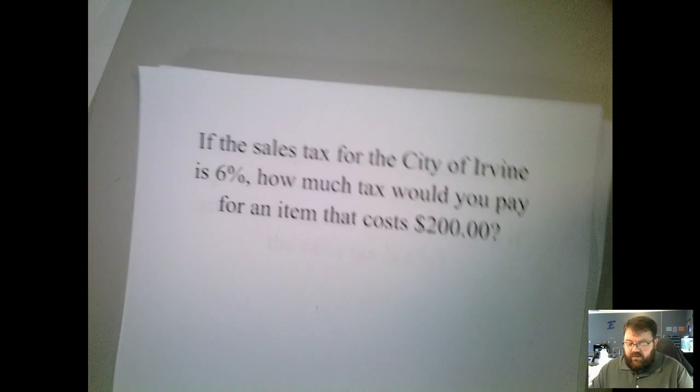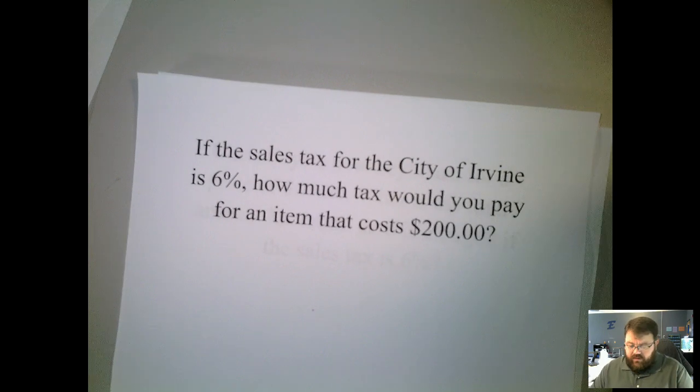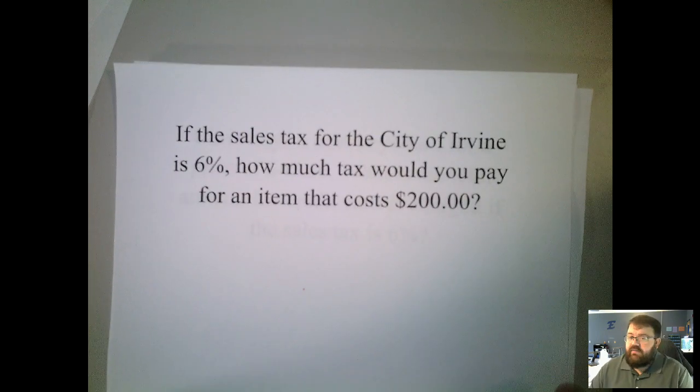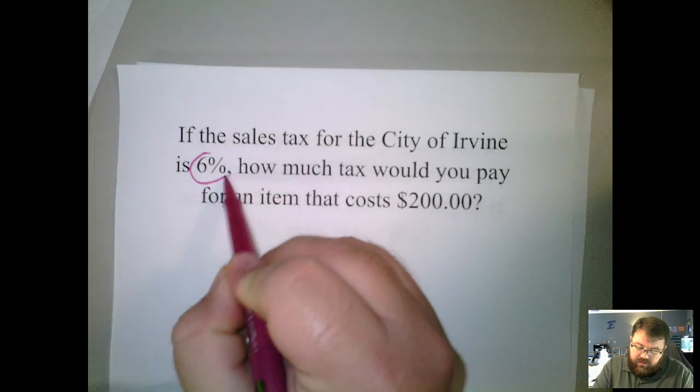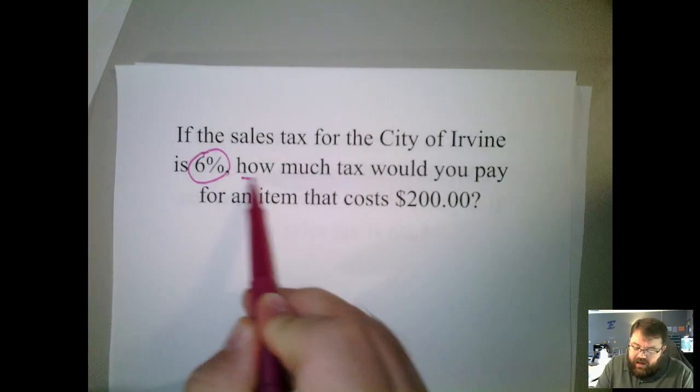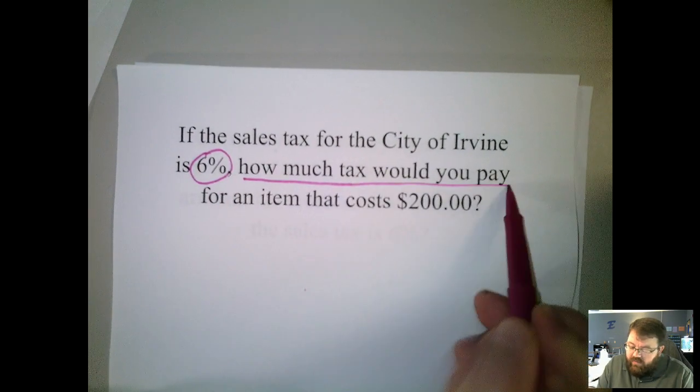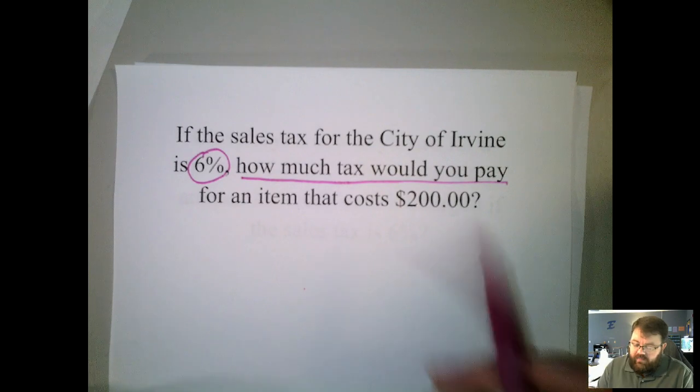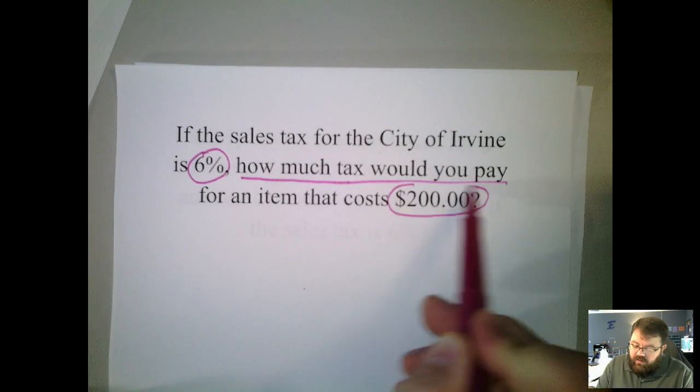If the sales tax for the city of Irvin is 6%, then how much tax would you pay for an item that costs $200? So this is a different type of question than we've seen so far. So we know that the tax is 6%. How much tax would you pay for an item that costs $200?